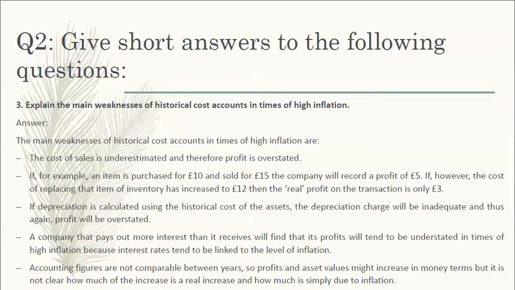If, for example, an item is purchased for 10 and sold for 15, the company will record a profit of 5, which is logical, the difference between the sold amount and the purchased amount, 15 minus 10 gives us 5 profit. If however the cost of replacing that item of inventory has increased to 12, then the real profit on the transaction is only 3, not 5.